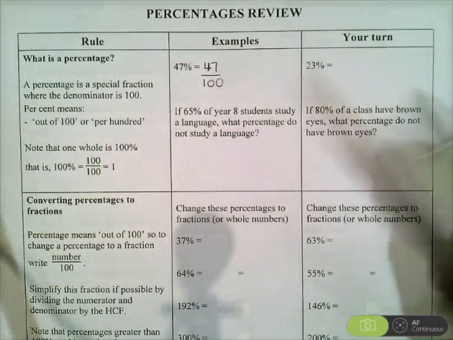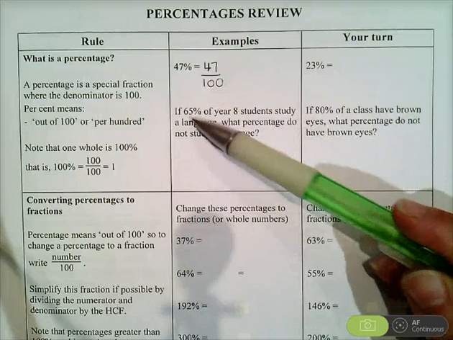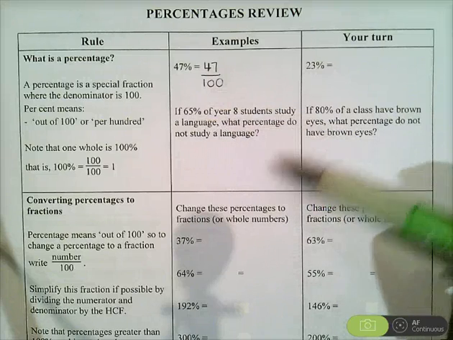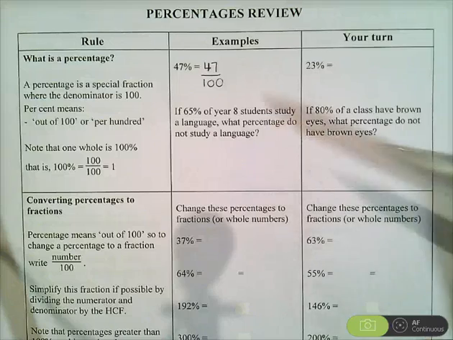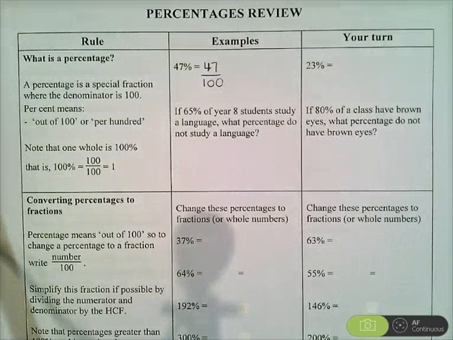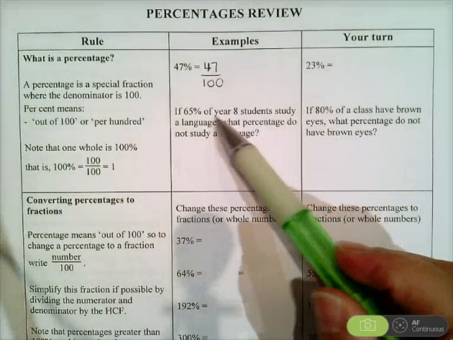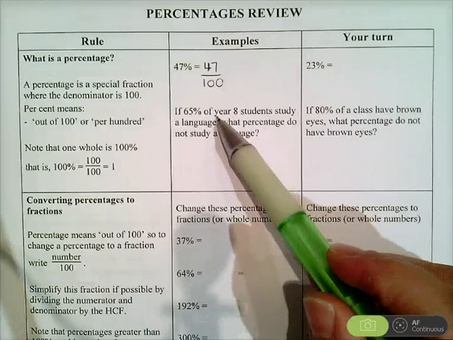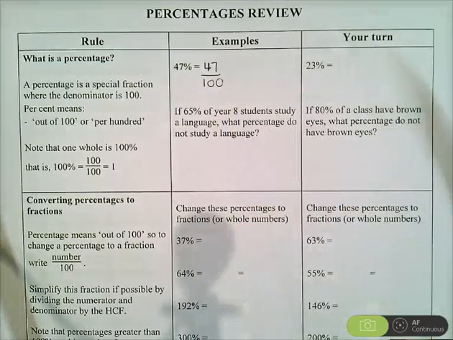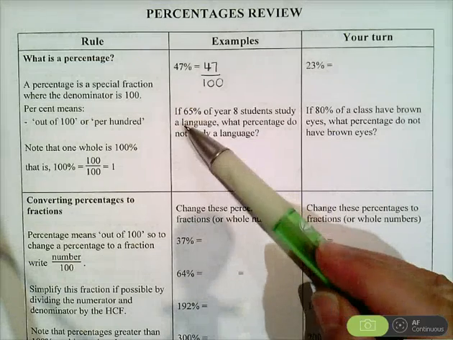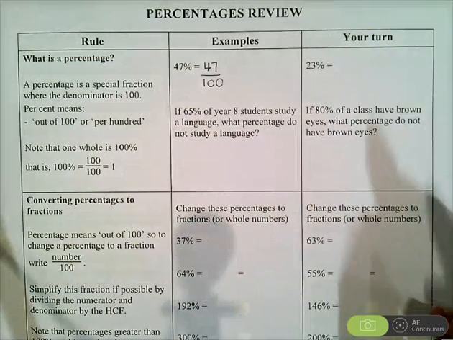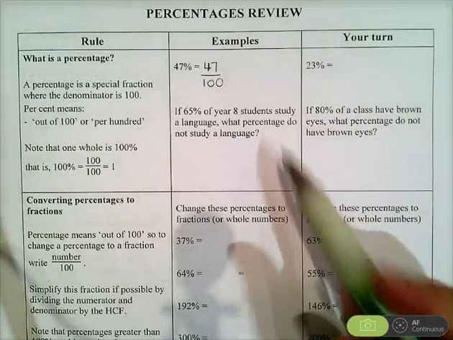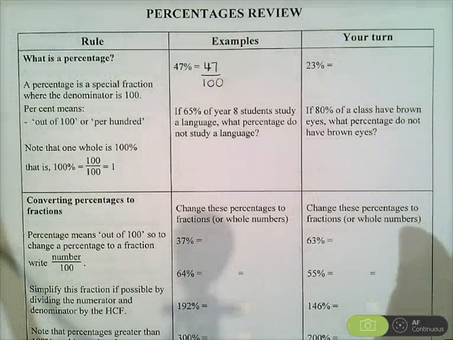Okay, now here's a little worded problem. If 65% of Year 8 students study a language, what percentage do not study a language? Remember, we've always got to think of the whole amount. So if all of Year 8 is considered 100%, and only 65% of Year 8 study a language, then what's left over from the 100%?